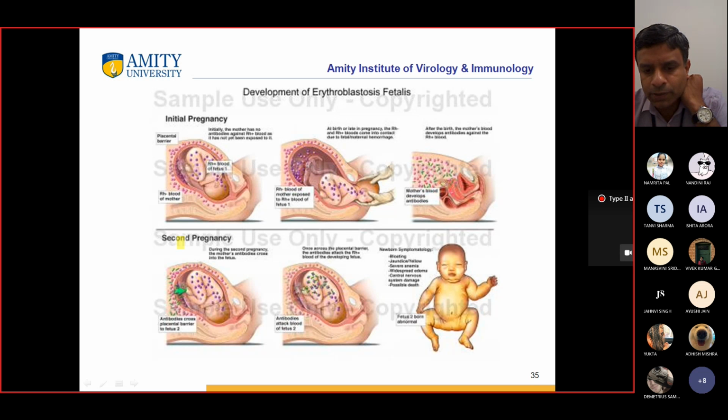During the second pregnancy, those antibodies get into the fetus and start destroying its RBCs, right? The child will suffer from erythroblastosis fetalis, in which there will be anemia and jaundice because of high bilirubin, right? And that can lead to possible death.